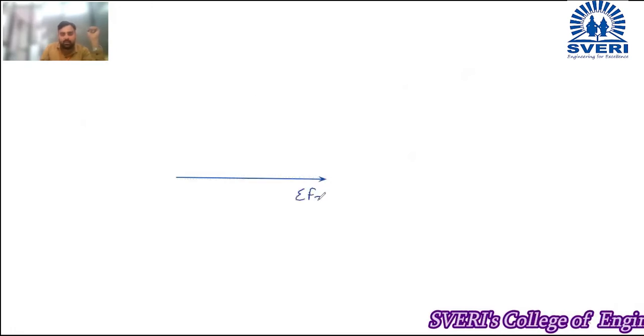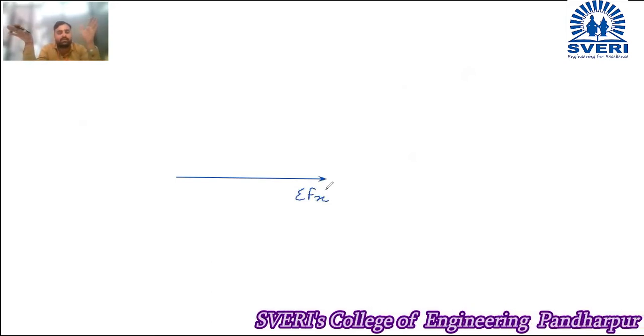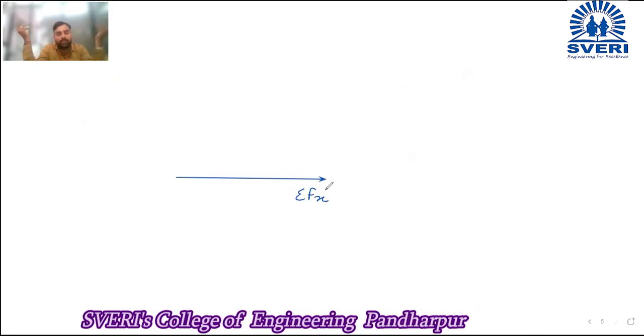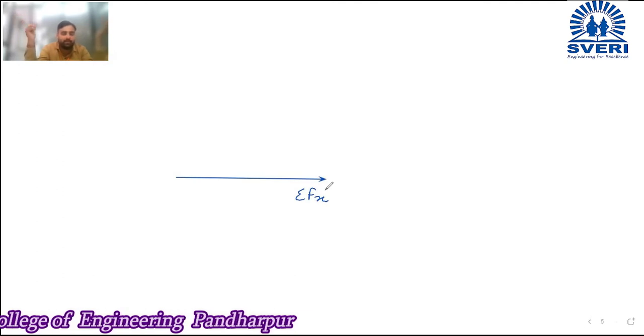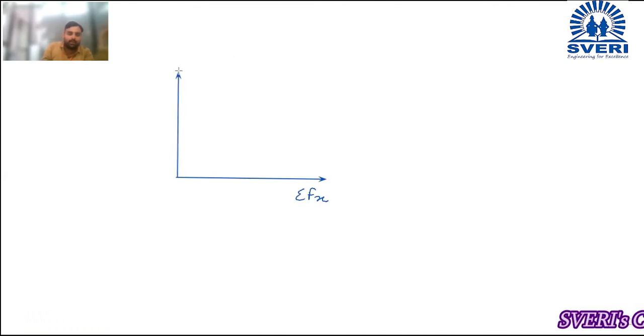You will get some value of summation Fx. When you add all the forces parallel to x-axis, the summation you get is nothing but a value. It may be 100 kilonewton, it may be 50 kilonewton, whatever it may be. And now if you plot summation Fy over here, let us consider both are positive.